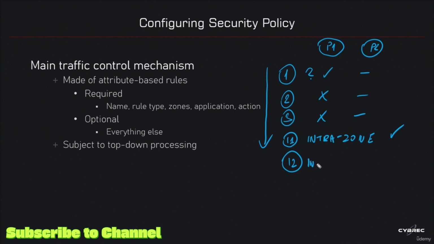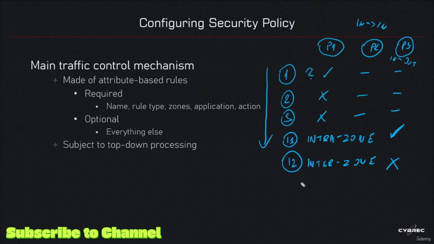The second implicit rule is for inter-zone traffic. So assuming that packet 2 is, let's say, from inside to inside, we will accept it. And if packet number 3 is not going to match any of our custom rules, but it is for inter-zone traffic like inside to outside, we will drop it based on the second implicit rule.